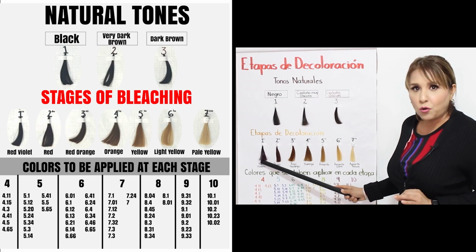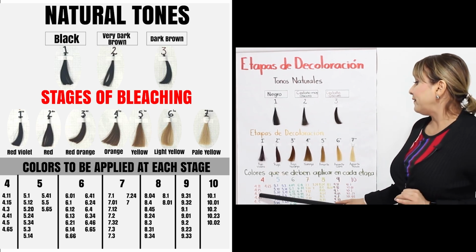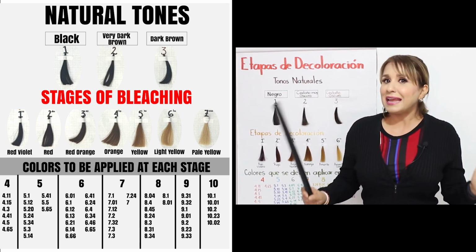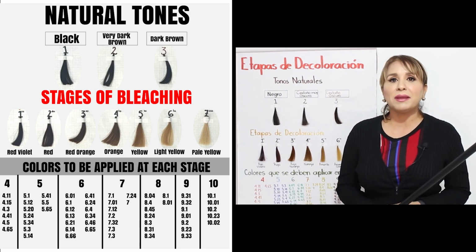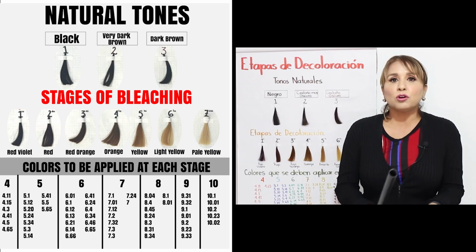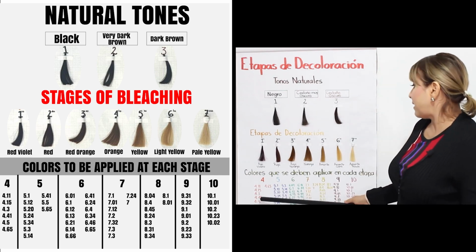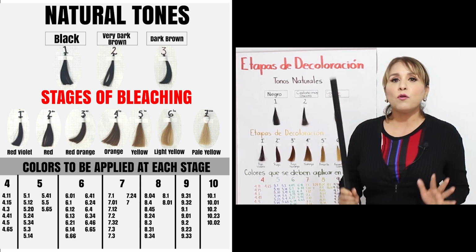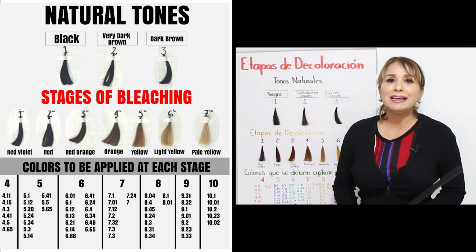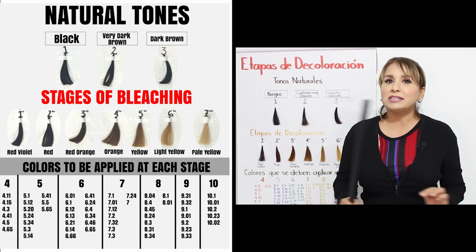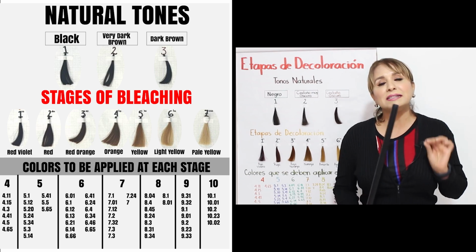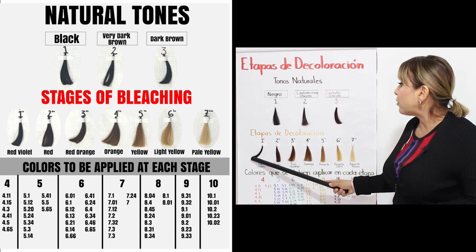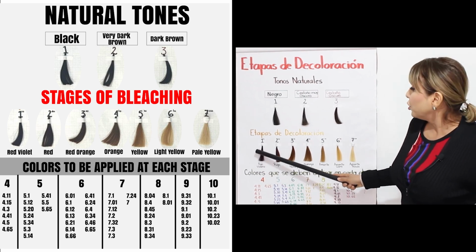If you apply a 4.1 dye because you say, I want to eliminate that red and I don't want that intense red to remain, I want to tell you that even if you apply a 4.11, you will have a discoloration background that will always be red. When this hair is fading, that red reflection will always appear because its discoloration background is red.